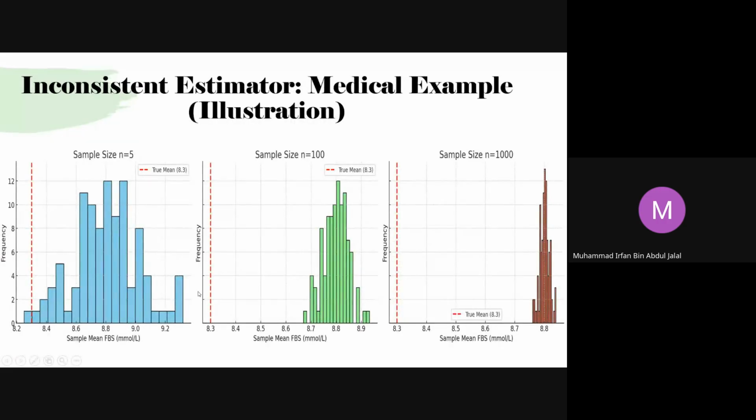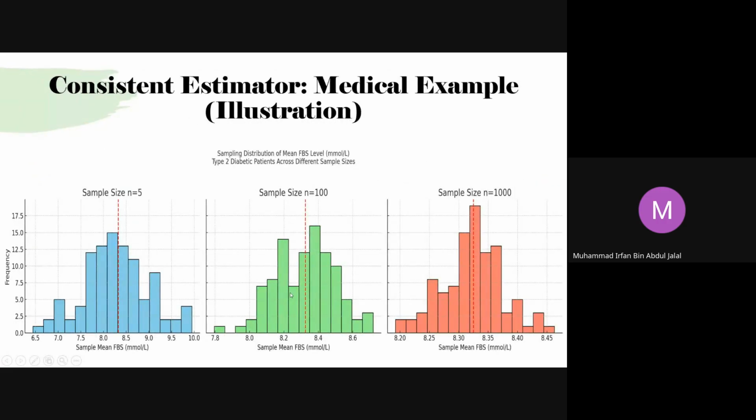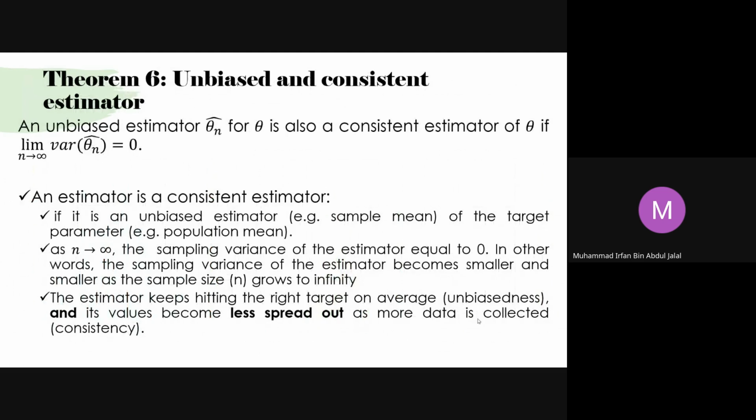It means that, like this one, as the sample grows large, the variance of the sample means becomes tighter and tighter and converges towards the true population mean. That's what the formula or the theorem says. That's all. Okay.